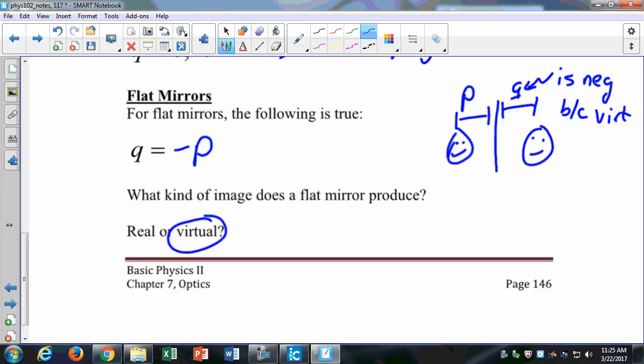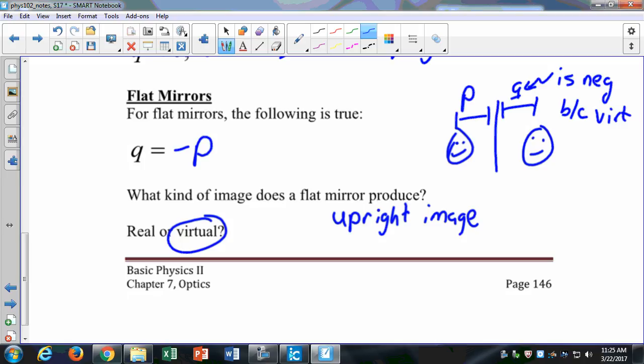We will also say that a flat mirror produces an upright image. That means that it's in the same orientation as me. I'm standing up, and so my image is also standing up. But we'll see that some mirrors don't produce upright images. They produce upside down images.